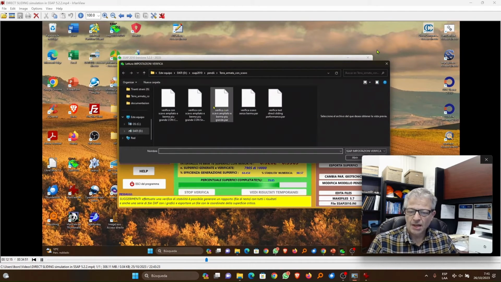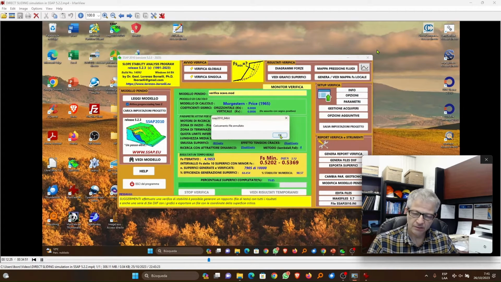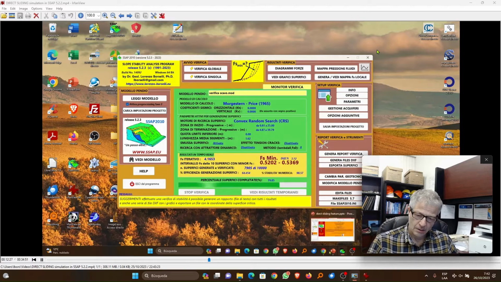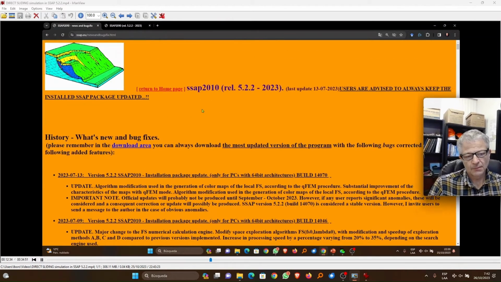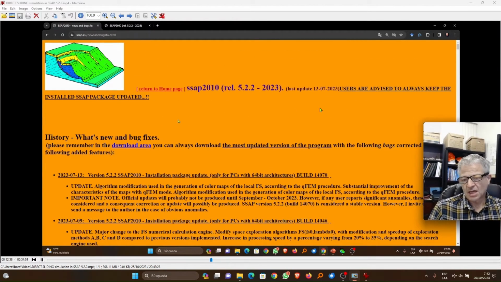Well, now what we can do with SSAP during the design of reinforced earth methodology. First of all, what's happened in the SSAP?